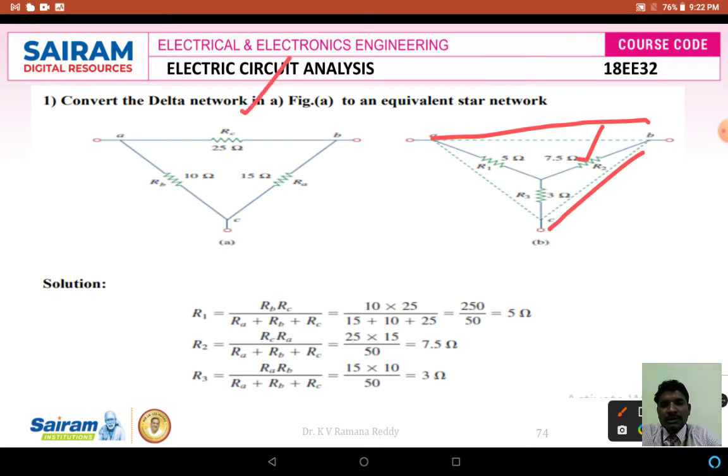It is RC. What is the B to C value? It is RA. Therefore R2 is RA into RC divided by RA plus RB plus RC. So 25 into 15 divided by 50. If you simplify, it becomes 7.5 ohms.